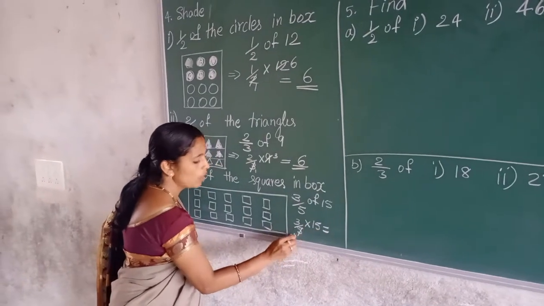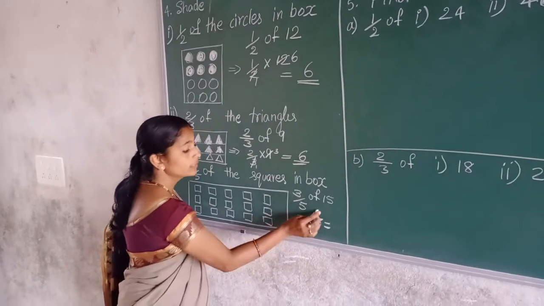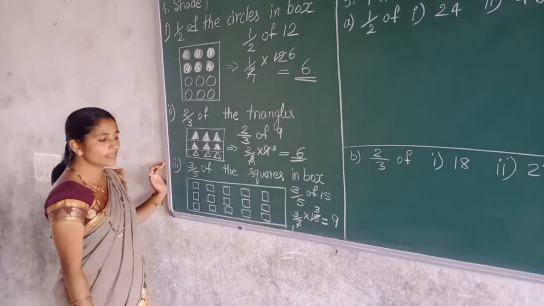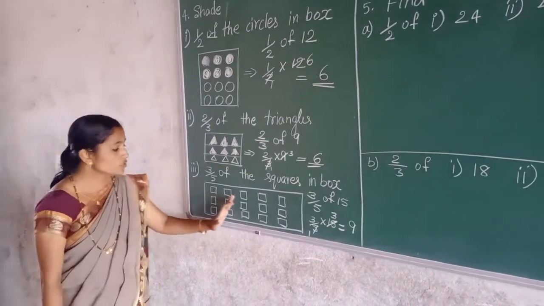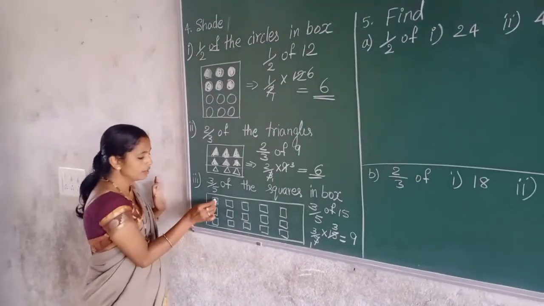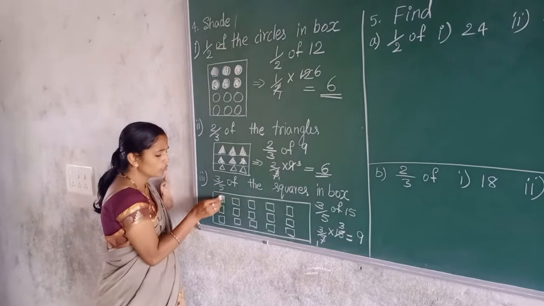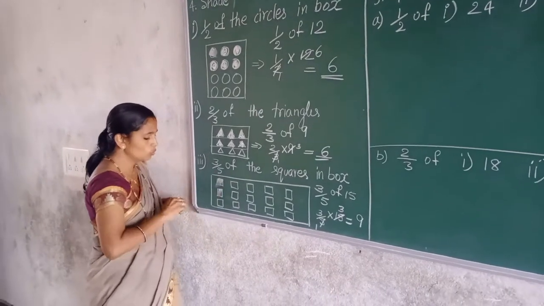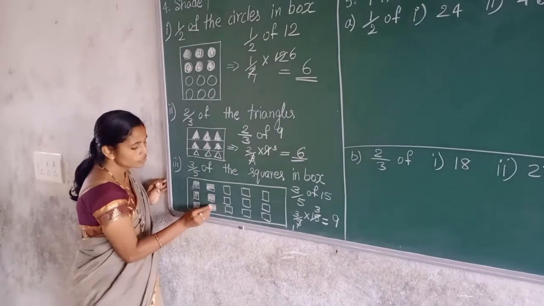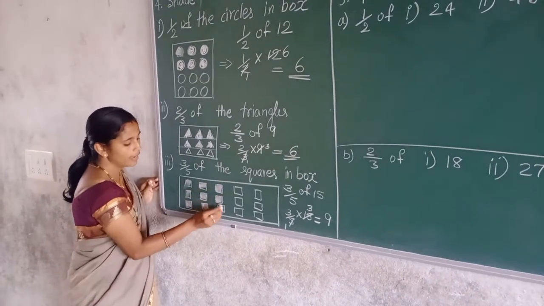So 5 ones are 5, 3 threes are 9. How many do we have to shade? 9. Anyhow you want, you can shade it. 1, 2, 3, 4, 5, 6, 7, 8, 9.